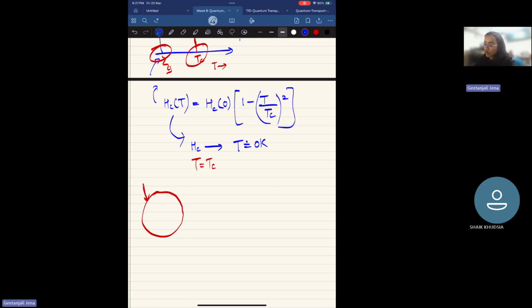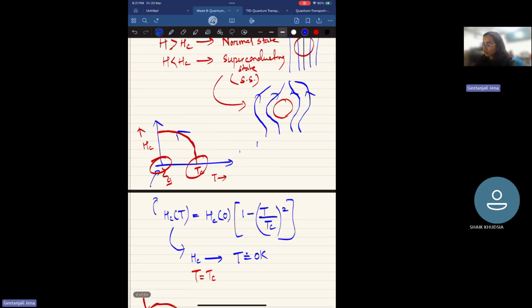At Tc, what happens? If you recall, at the critical temperature, the resistivity graph. At Tc, the resistivity of the superconductor drops to 0. So it behaves like a superconductor. So this is the transition point. Above Tc, there will be a normal state.